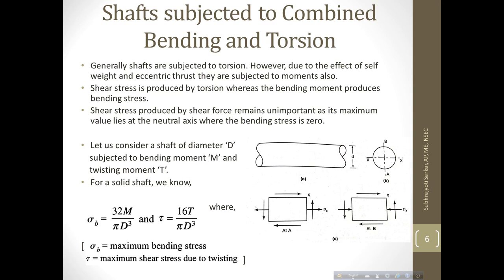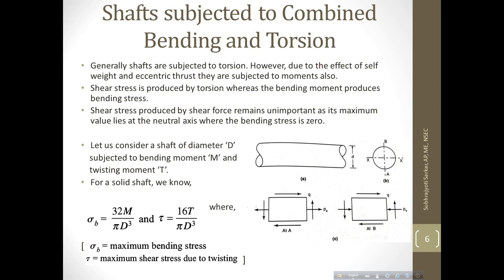Now if due to the self weight or due to the inertia force there is some bending occurring on the shafts, then the shafts are subjected to both the torsion as well as the bending moments. So the shear stress is produced from the torsional moment and the bending stress is produced from the bending moment.